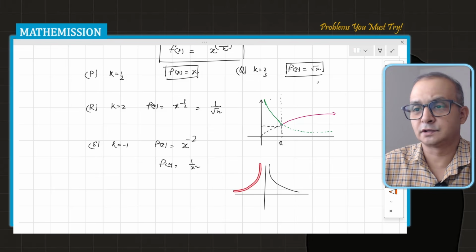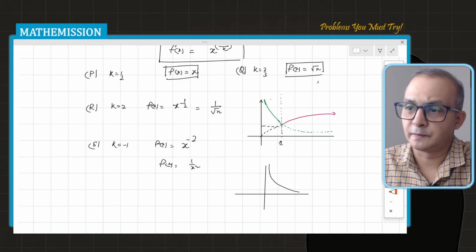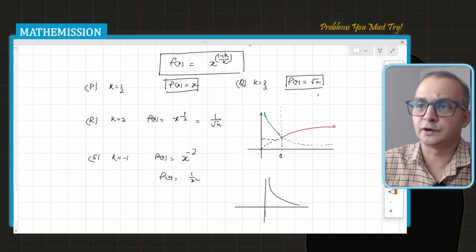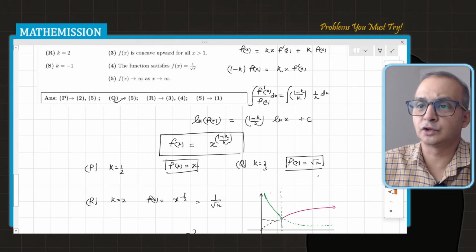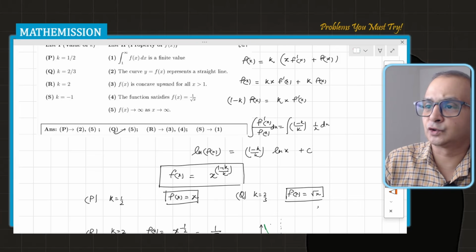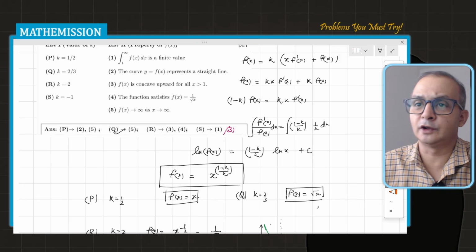Why? Because x is greater than 1. So this is again a similar kind of diagram you will get, and it will also be concave up for that. So there is one thing I can add, then the answer options are 1 and 3 also.